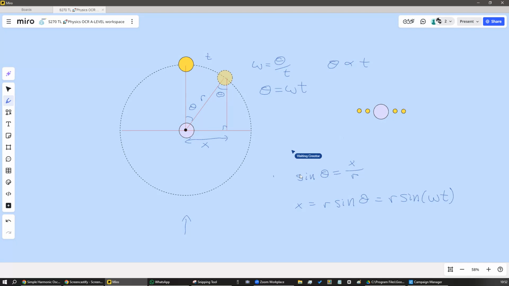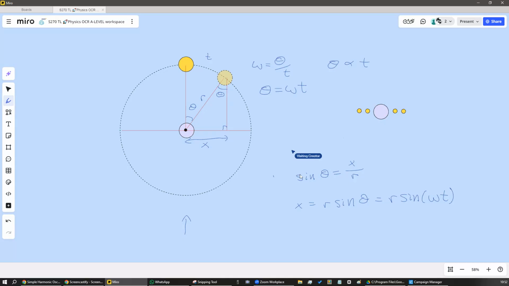Now, what we do when we're looking at simple harmonic motion is we almost imagine there is a circle there, and we're looking at it edge on. There is no circle in any real simple harmonic motion, but we're imagining the circle, and this is why we use omega.